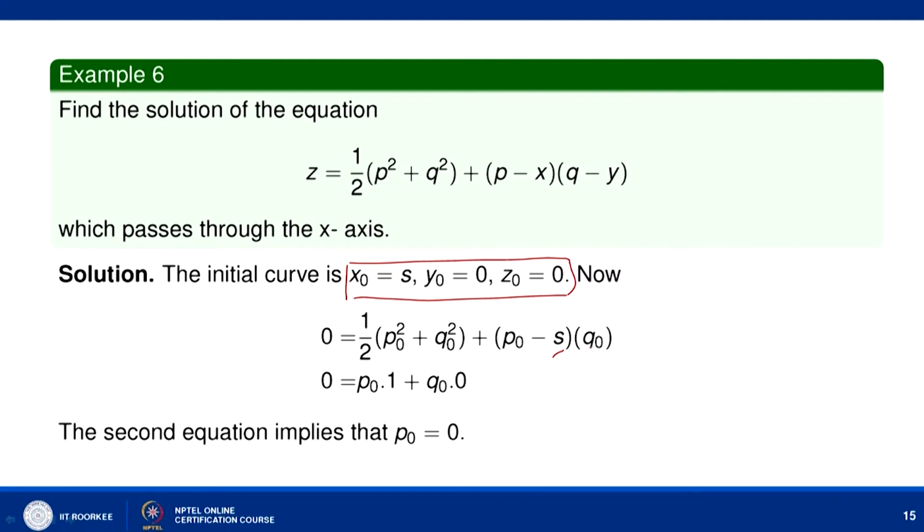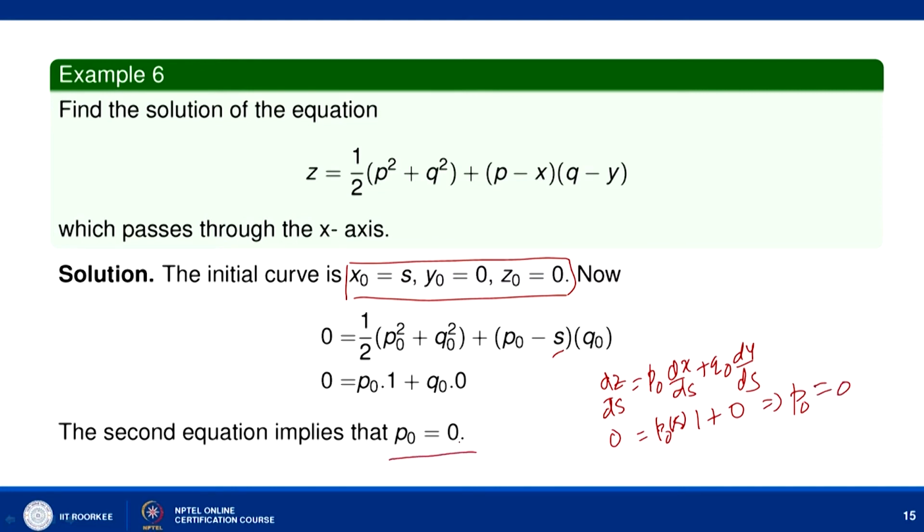One more relation is dz by ds equal to p naught dx by ds plus q naught dy by ds. Here dz by ds is 0, dx by ds is 1, and dy by ds is 0. So this gives p naught equal to 0. So p naught of s we are getting as 0.